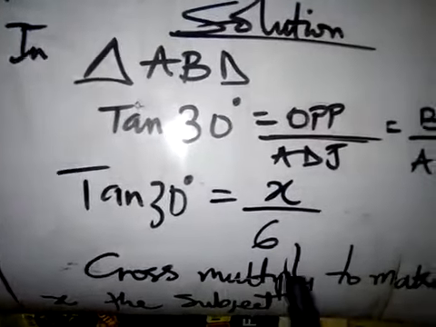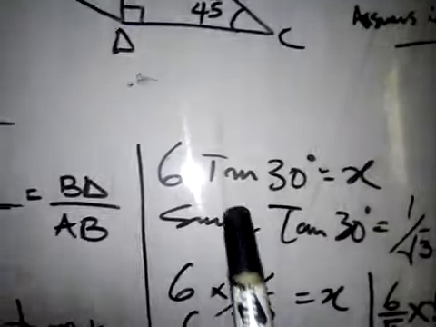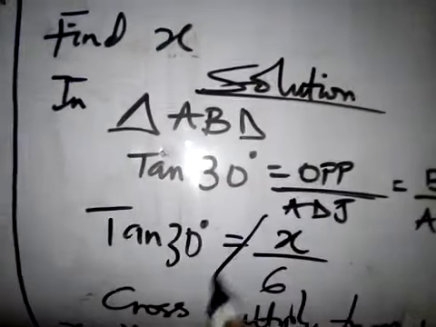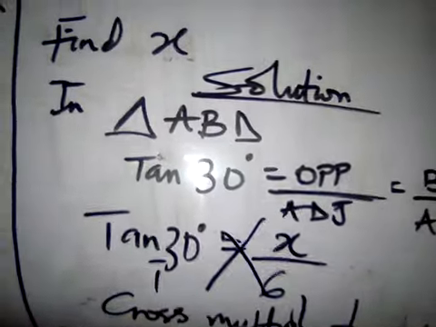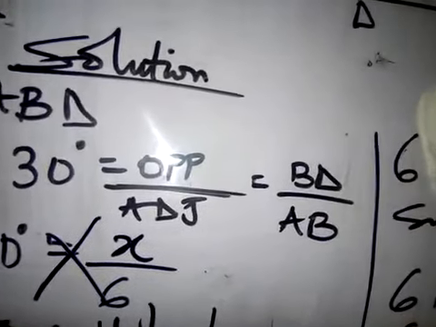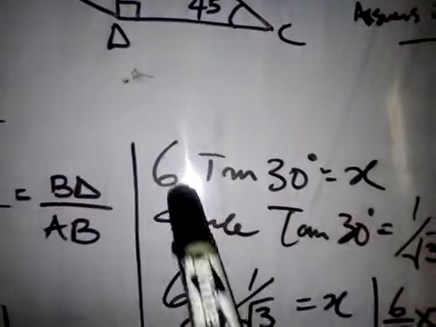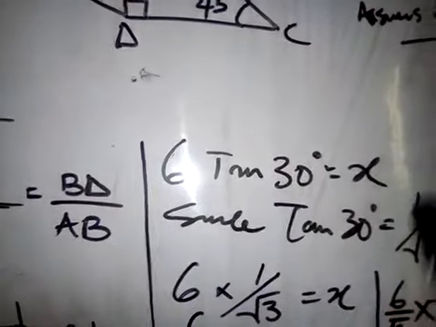So cross multiply to make x the subject of the formula. Then we have 6 times tan 30 is equal to x.